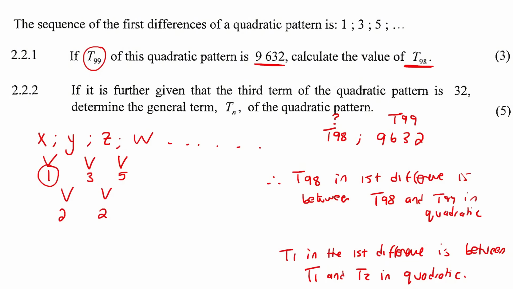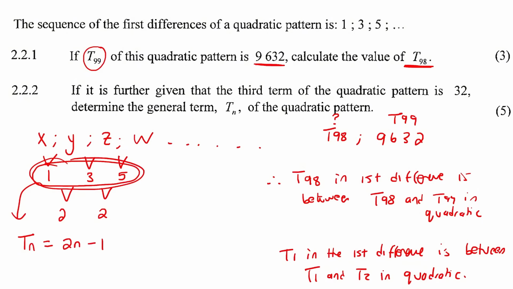So let's go find term 98 in the first difference pattern. If you are in grade 11, you can treat this as a linear pattern, where you would eventually get something like 2n minus 1.